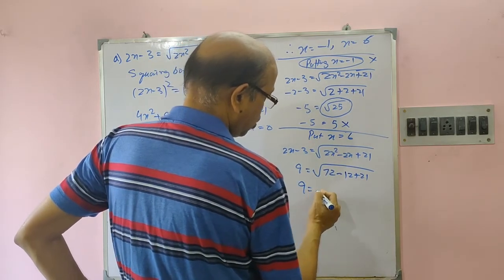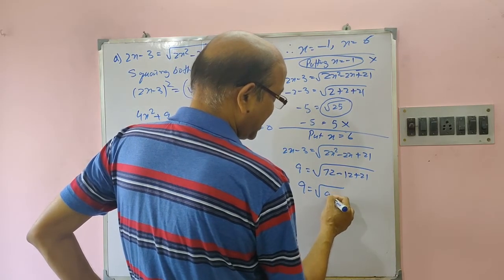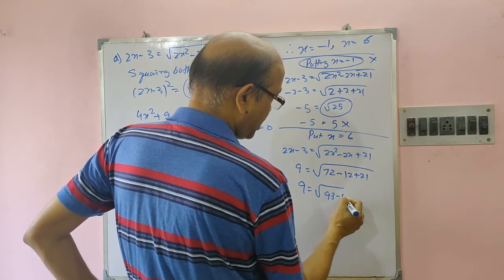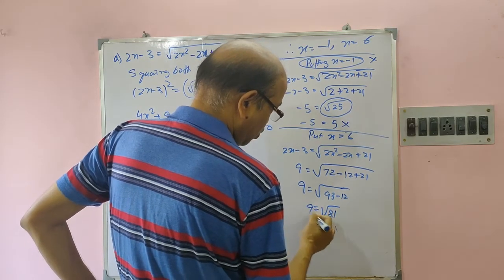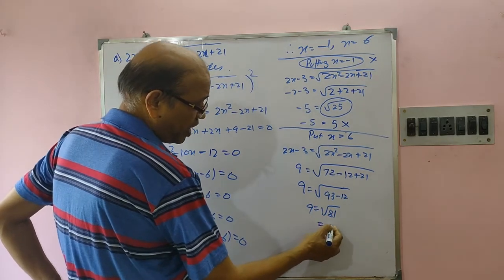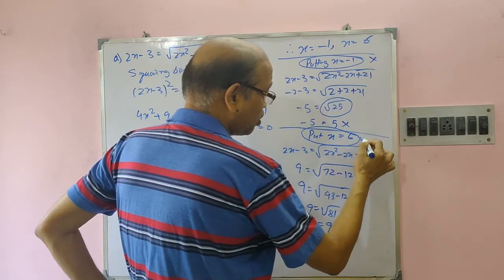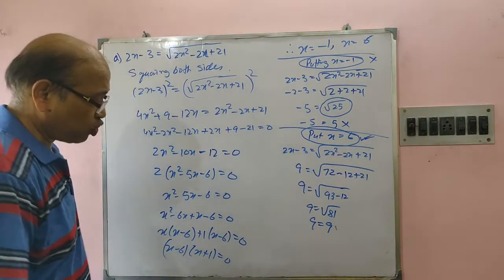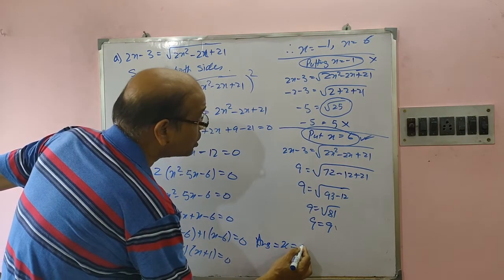So 9 is equals to 72 plus 21 is 93, minus 12 is equals to root of 81, and root of 81 we take the positive value. So positive value is 9 and 9. Therefore x equals to 6 is your only answer. So answer is x equals to 6.